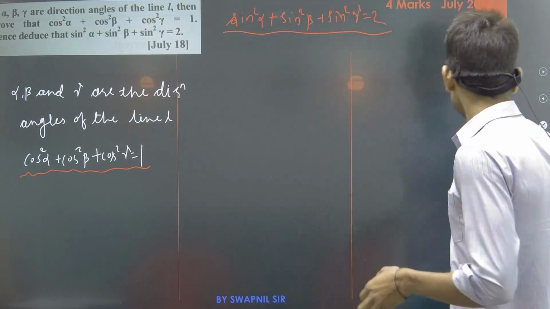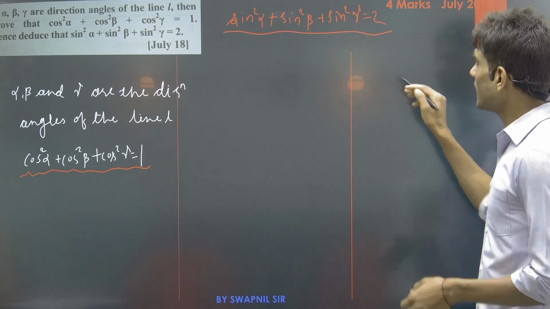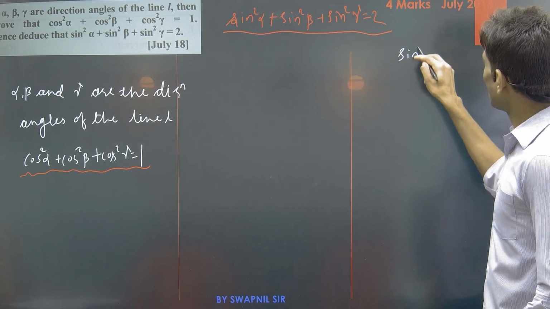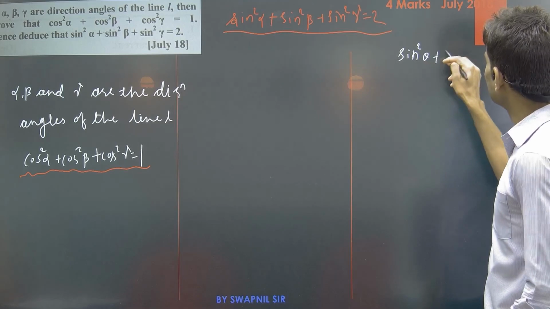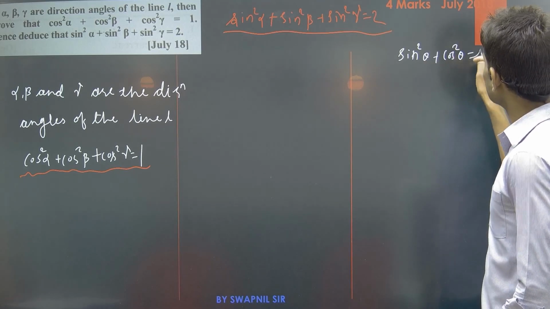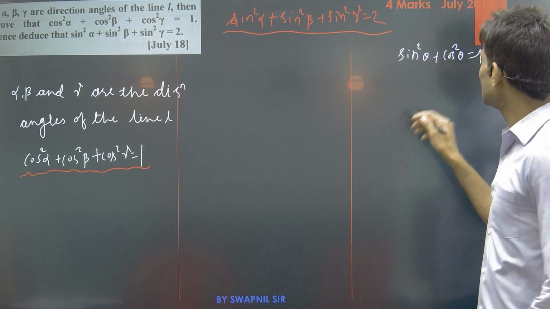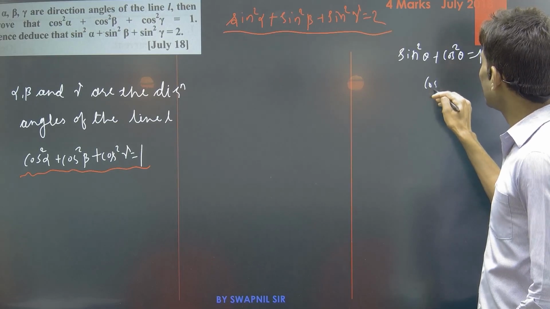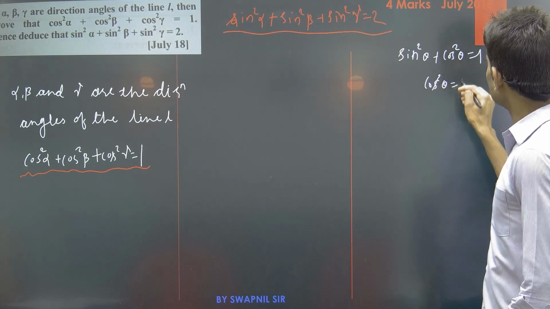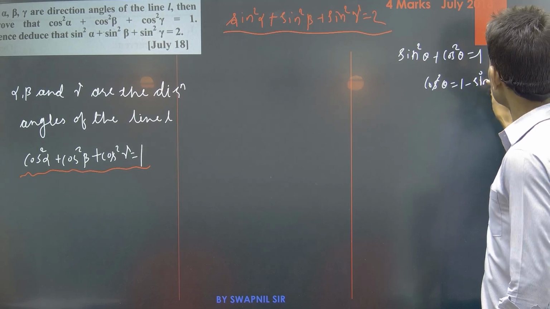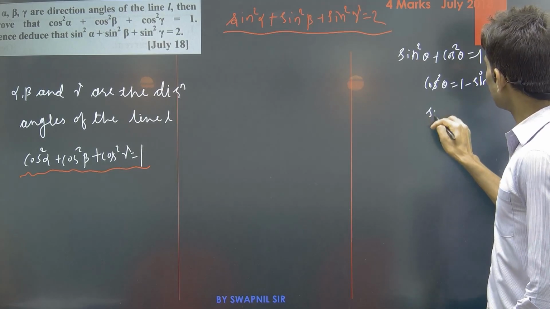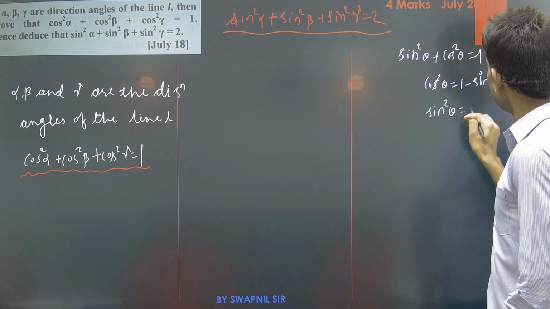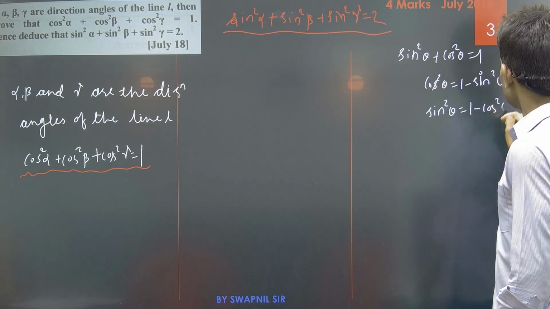So we can write the first important result: sin square theta plus cos square theta is equal to 1. By using this result we can write cos square theta equal to 1 minus sin square theta, or sin square theta can be written as 1 minus cos square theta.